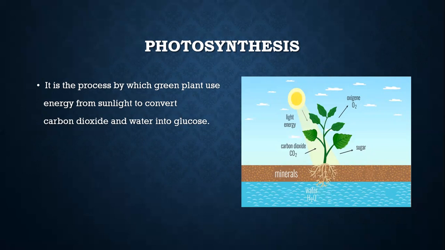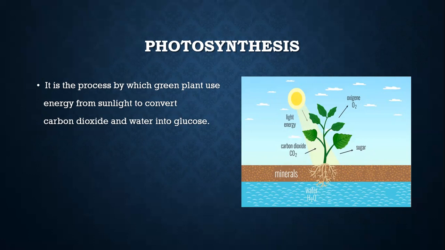In the process of photosynthesis, green plants absorb water from the soil with the help of their roots. As you can see the root part, the water is there in the diagram.